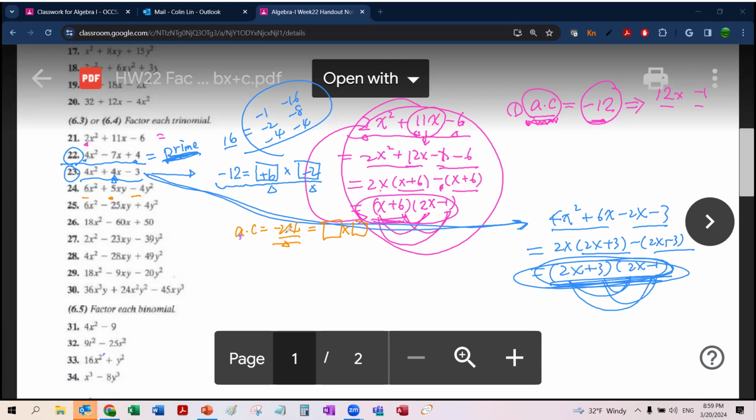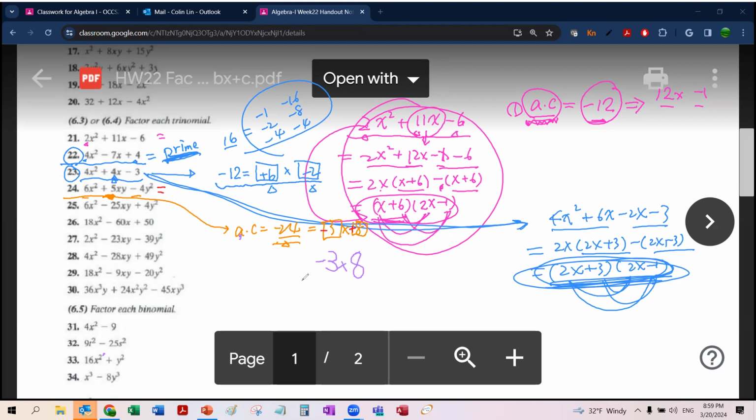The product is -24. Yeah, 3 and 8, and it should be +8 and -3, right? Yep, exactly.